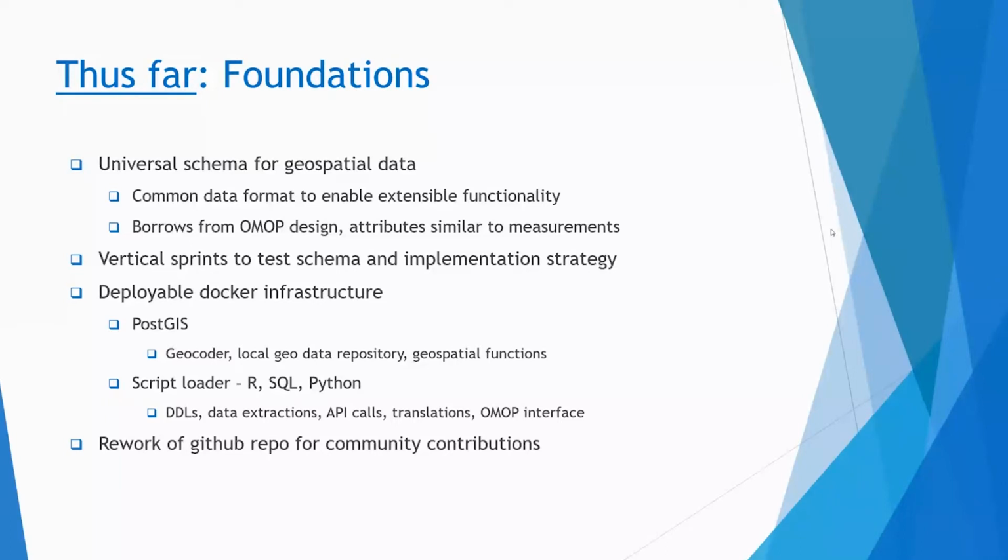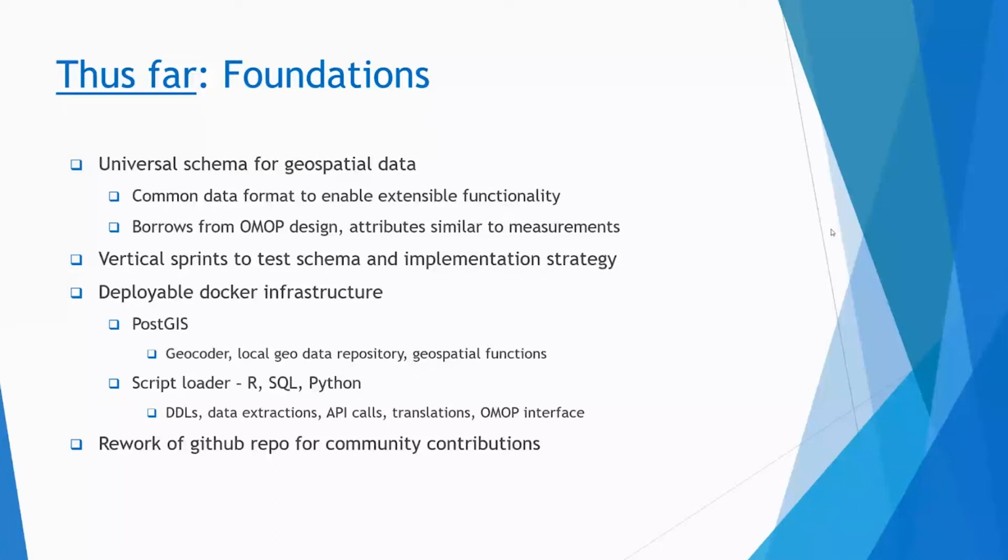We did some vertical sprints to test the schema and implementation strategies, which in turn was a cyclical thing where we went back and changed some stuff. And most recently, my colleague Jake Gilbert has been pushing Docker on us. It's been a very good thing. There's a deployable Docker infrastructure now that has two main pieces.